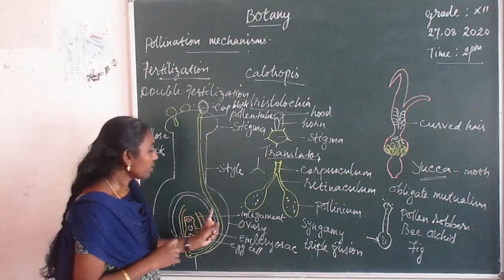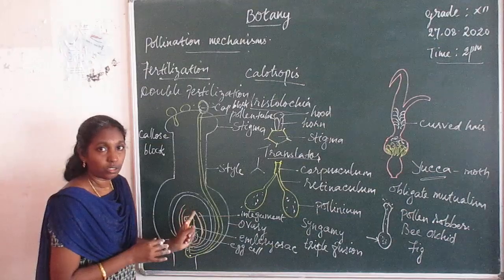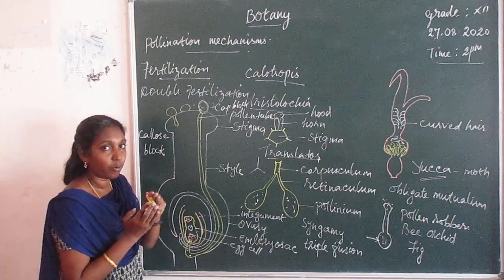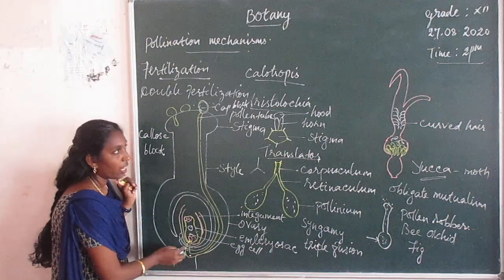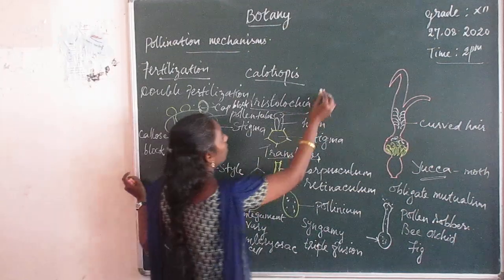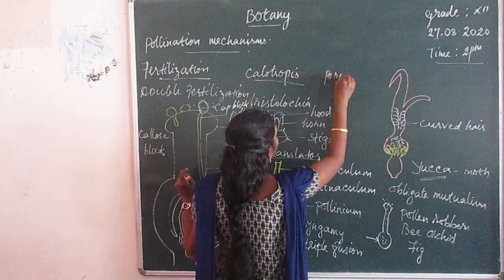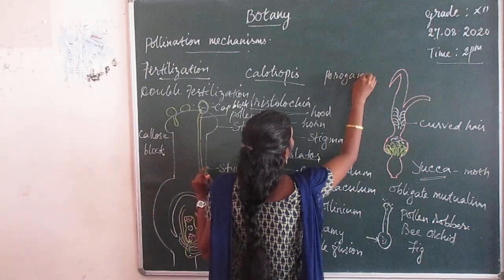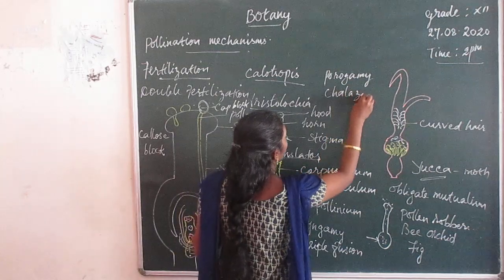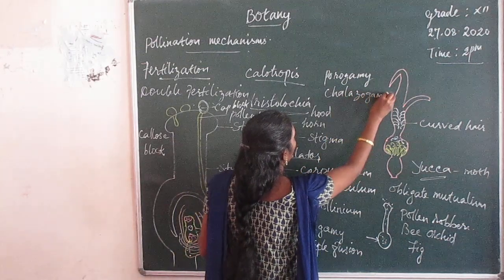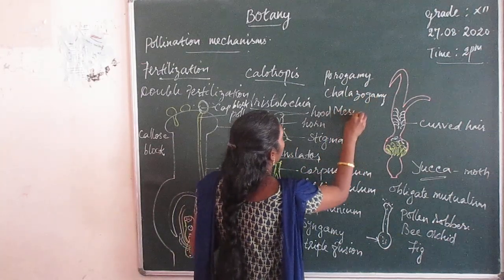Regarding the entry of the pollen tube, as I already told, there are three types: porogamy, chalazogamy, and mesogamy.